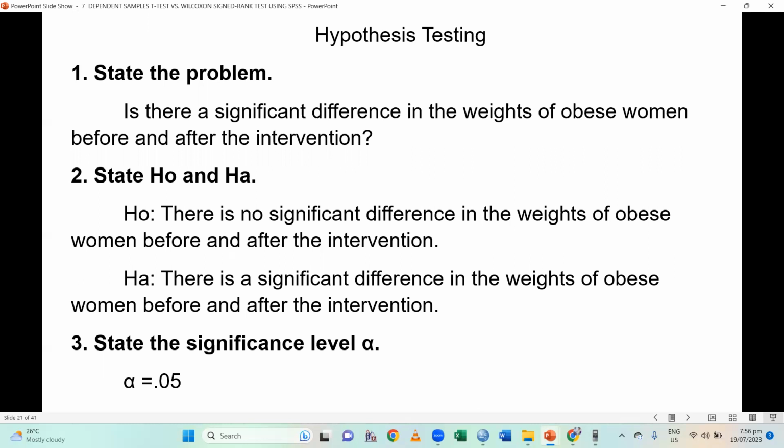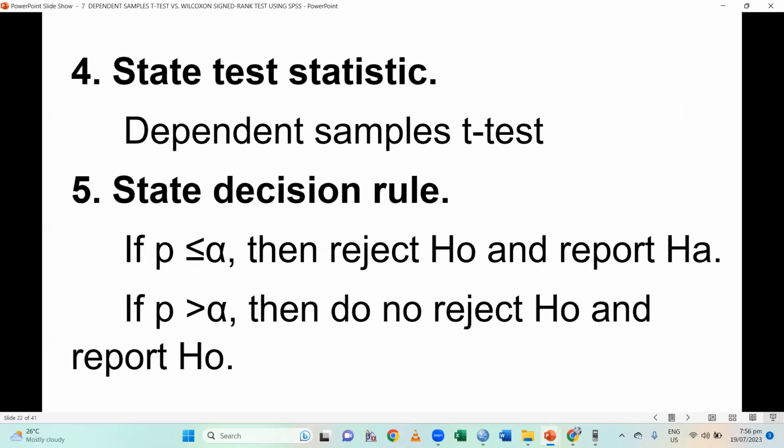For the HO and HA, there is no significant difference in the weights of obese women before and after the intervention. That's your HO. Our HA is there is a significant difference in the weights of obese women before and after the intervention. The significance level is still 0.05 for our case.